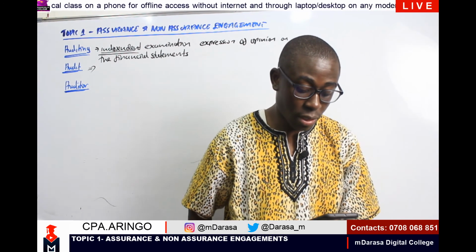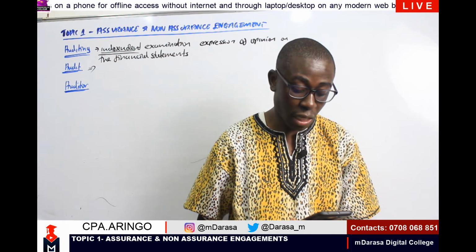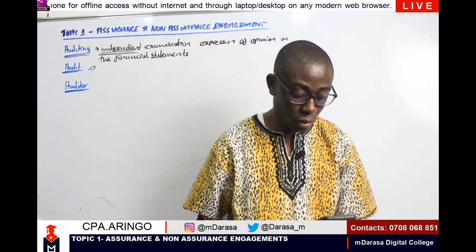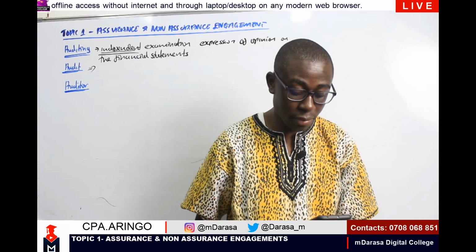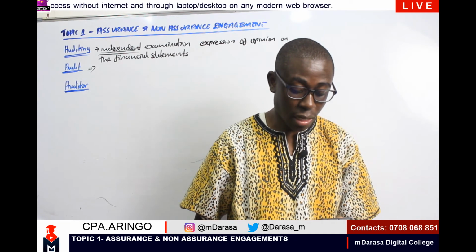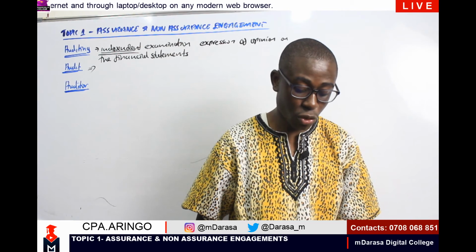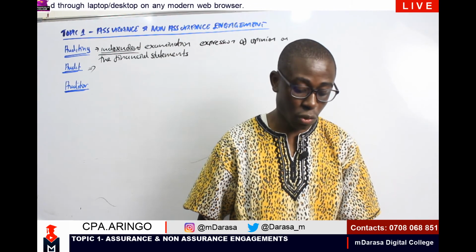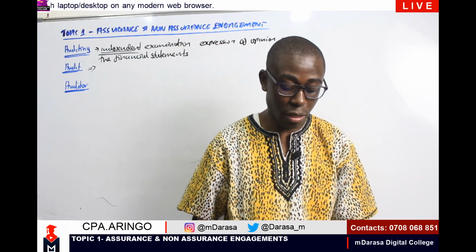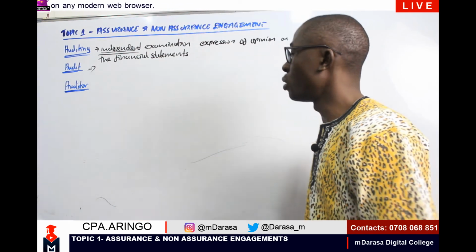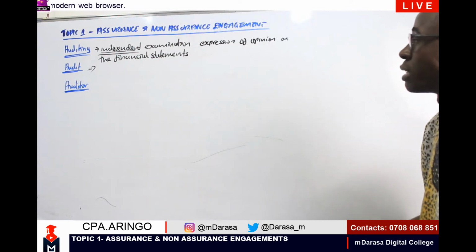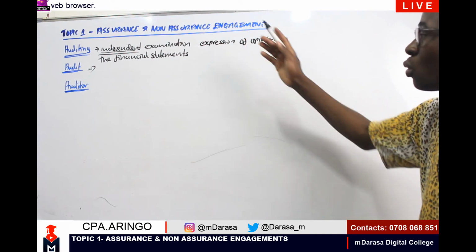An audit is the examination and evaluation of the financial statements of an organization to make sure that the records are a fair and accurate representation of the transactions they claim to represent. So at this point, you are talking of it as an audit. The same concept we are talking about auditing.